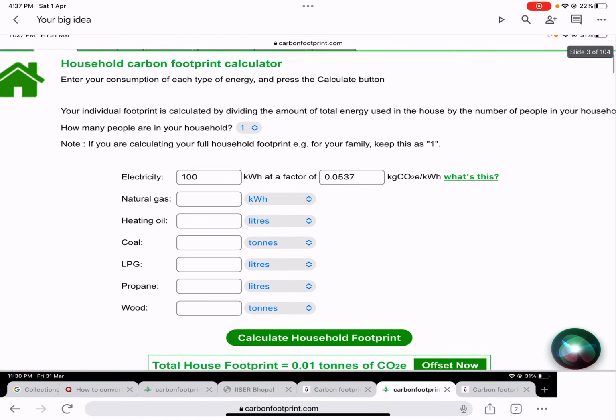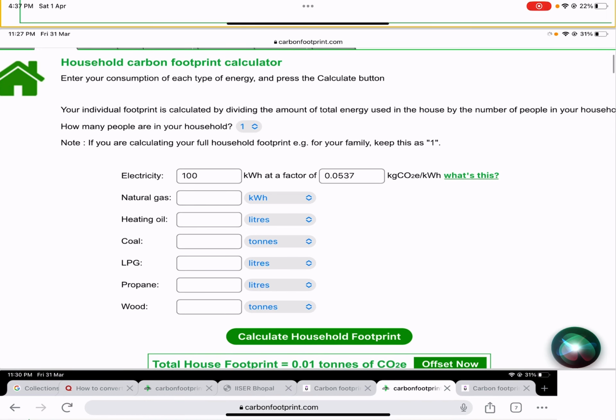And what is over here is the emission factor, right? You'll understand this in more detail when you do the course. Emission factor is per unit how much CO2 is being emitted, right? So the calculator would multiply the emission factor with the units consumed, and it would calculate the carbon footprint from the electricity consumed.